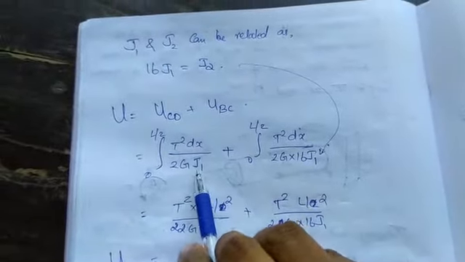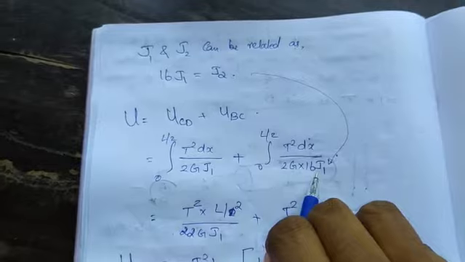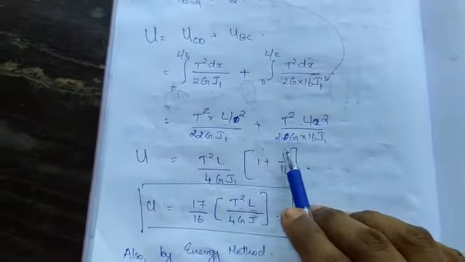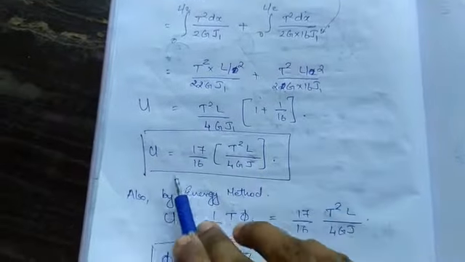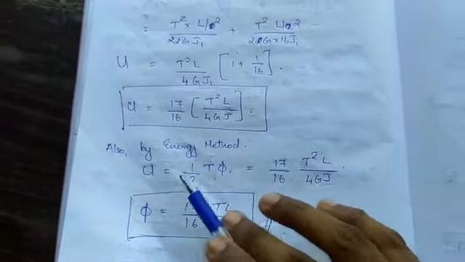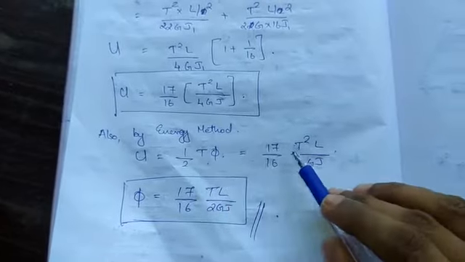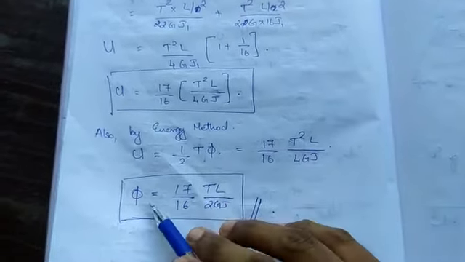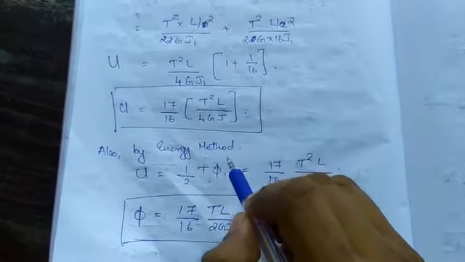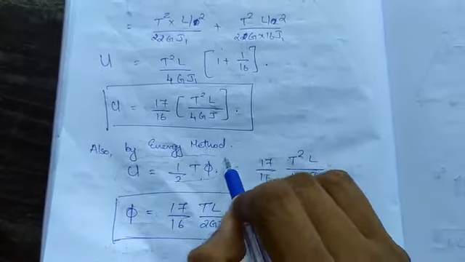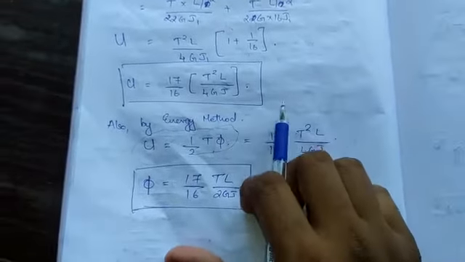Here instead of J2 we apply 16 J1, and you will add this. That's all. 1 plus 1 by 16 will come to 17 by 16. This will be the strain energy for this section. Also, by the energy method you can do this. There is only one torsion, so 1 by 2 T phi equals 17 by 16 T square L by 4GJ. Since there is only one torsion, you can apply this equation so that we can find out its phi value.